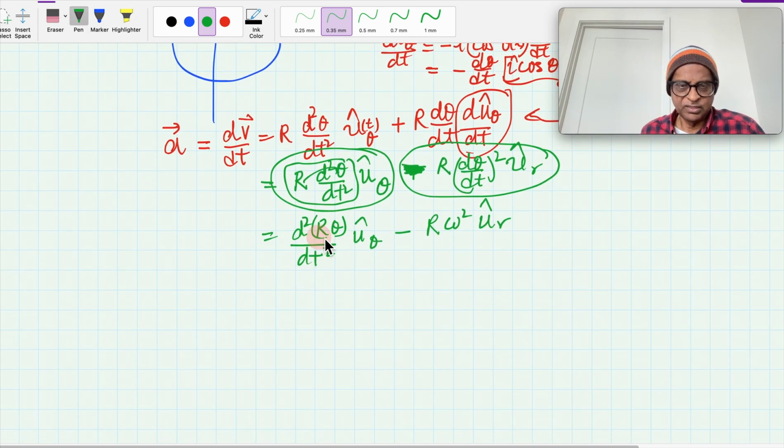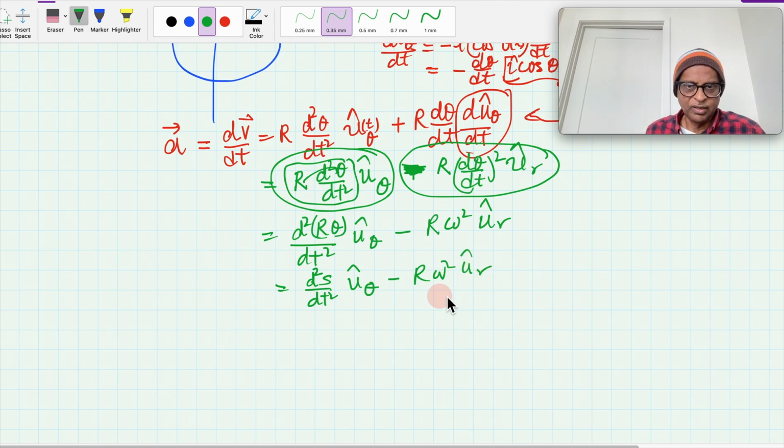Now r theta is s, so this will be d square s dt square, and ds dt is just the speed. So this just says how the speed is changing, not the velocity.